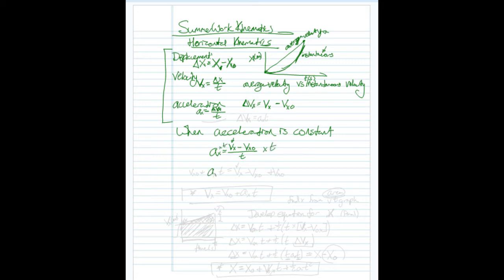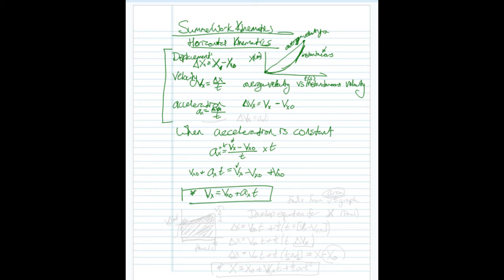It gives me axt equals Vx minus Vx0. Again, I'm still trying to isolate this, so I'm going to add Vx0 to both sides. That gives me a final equation of Vx, the final velocity, is equal to the initial velocity plus the acceleration times time. You can actually find this equation on the AP Physics 1 equation sheet under Mechanics. This is equation number 1.